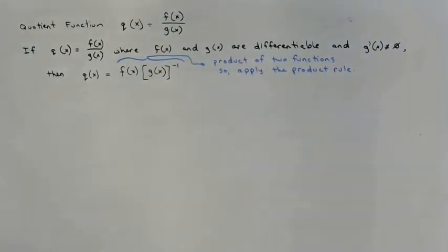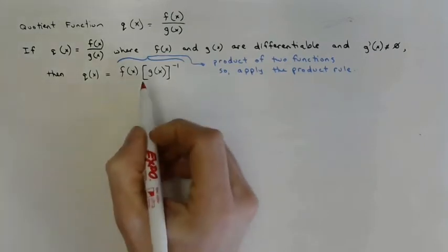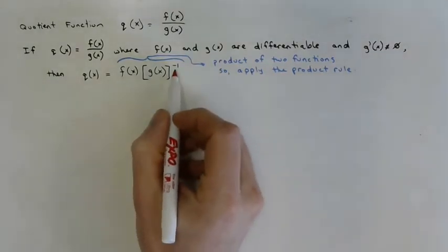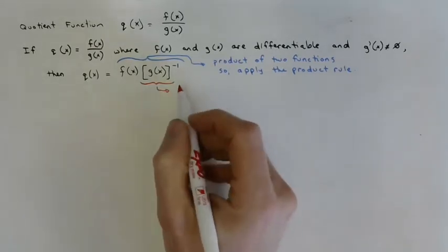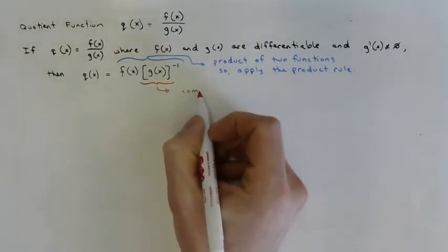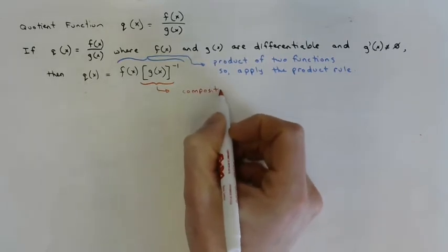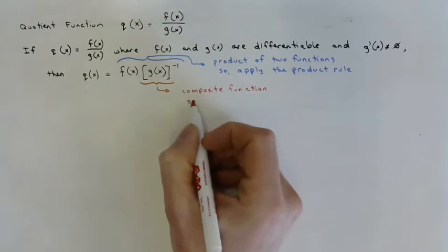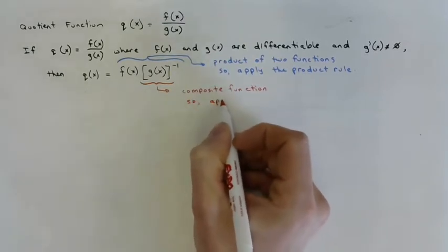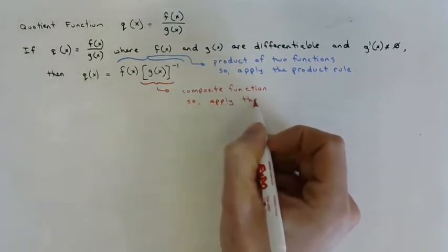And if we look at it a little bit further, we can look at what we've done here with g of x to the power of -1. We've actually created a composite function. So we can apply the chain rule.